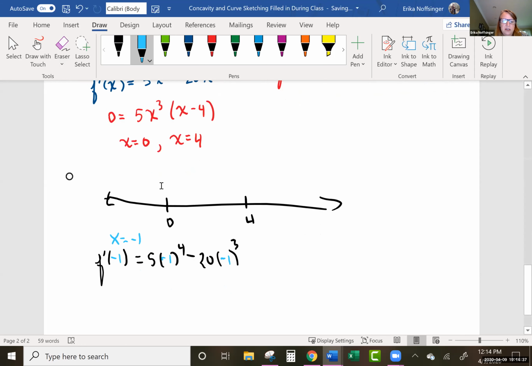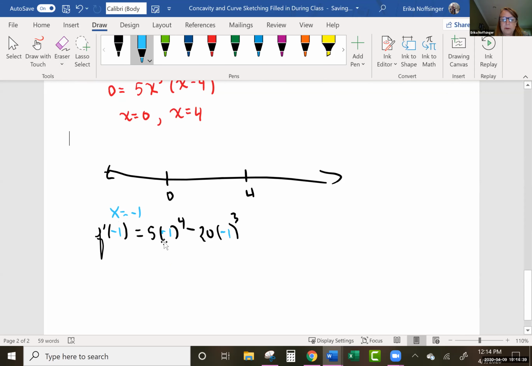I'm really only curious, is this positive or a negative number? If I raise -1 to the 4th, that's positive. And if I raise -1 cubed, that's negative, times the negative out front, which is positive. So adding two positives gives me a positive, and so this is greater than 0. And so it tells me that on the left of 0, the graph is increasing.